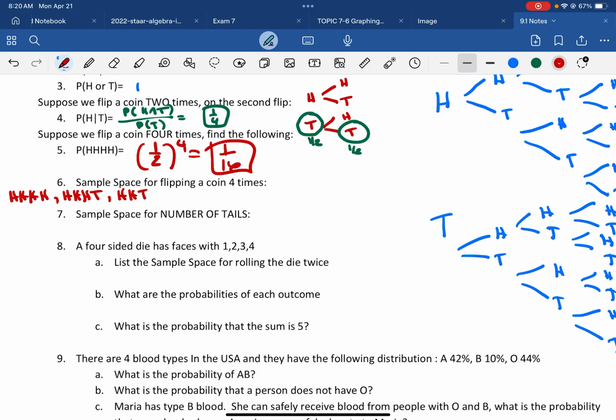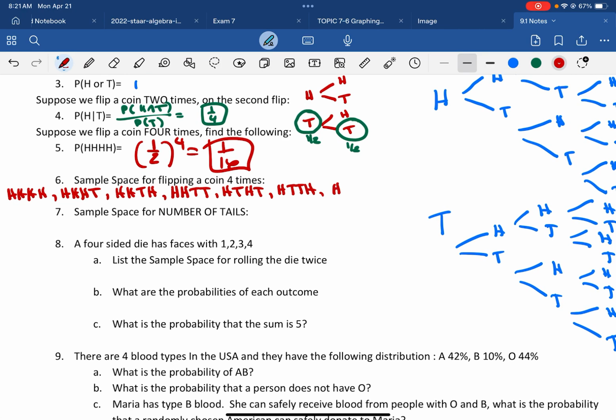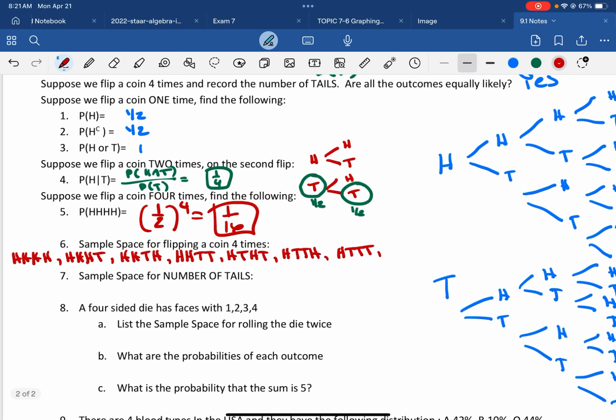You could definitely come up with this sample space without a tree diagram, but I would tell you this, it's much easier with the tree diagram. Because in my experience, it's very, very easy to leave one of these possibilities out.